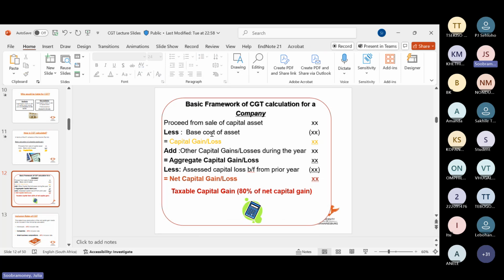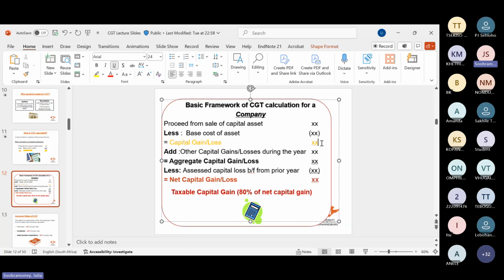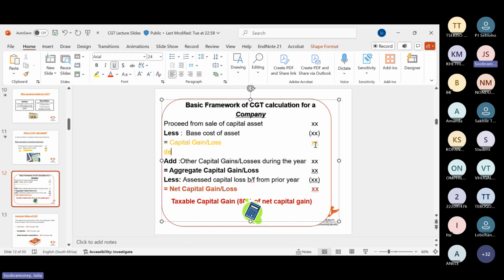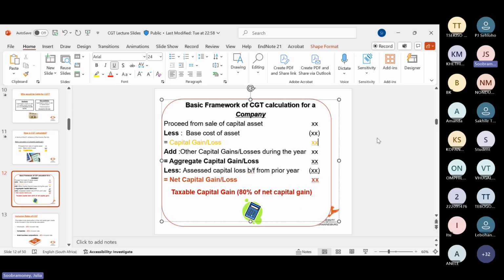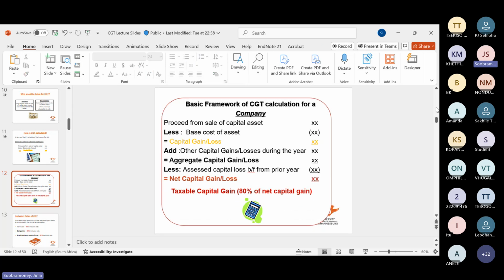As soon as you calculate the gain of the asset, if that specific asset has a gain, then you're going to defer it and you continue with your calculation. So it's important that you realize a deferment happens before the 80% comes into play. Your deferment you will put under here if there's a deferment. This is where you put the deferred gain, and then you continue with your calculation. That is a very important principle to take note of.